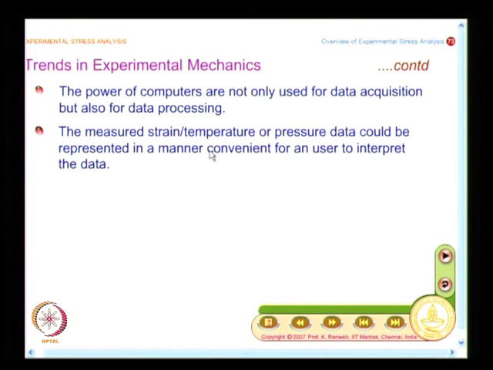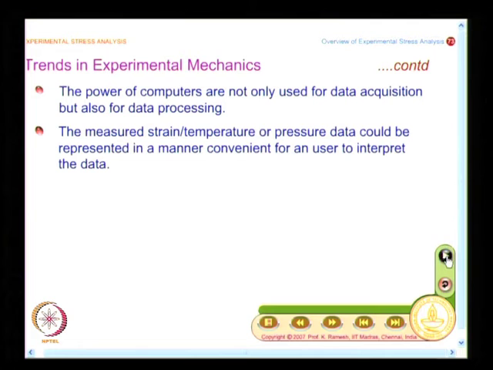This is not the only advantage. If you look at thermoelastic stress analysis, or digital image correlation, you can post process the measured data, temperature, strain or pressure, and represent them in a manner convenient for a user to interpret the data.